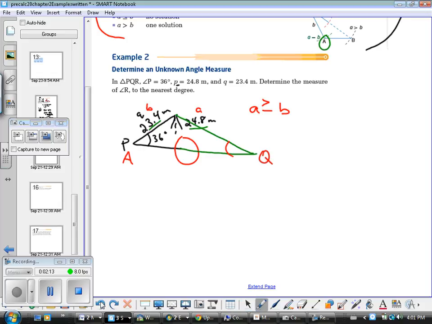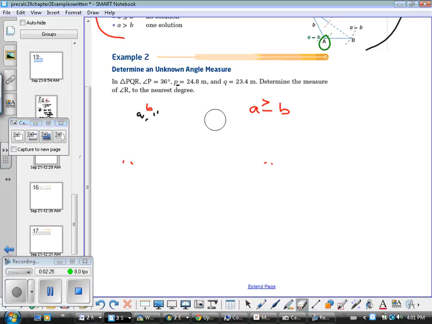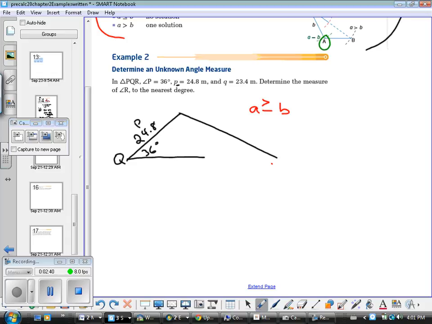Okay, so we will just set up our sine law. And now that I've decided what the shape of the angle is, I'll just clean up my diagram a little bit. Okay, we're going to have angle Q here, which we know to be 36 degrees. We're going to have side P, which is 24.8. We're going to have a longer side, Q, which is 23.4.